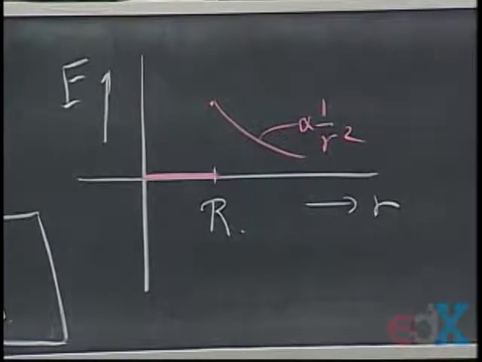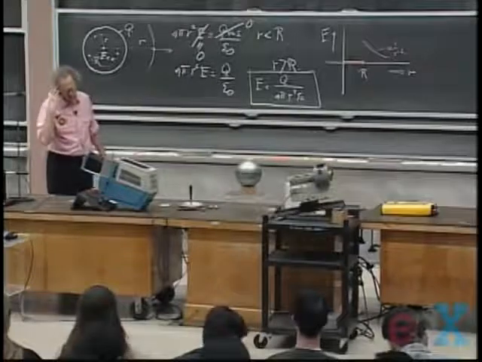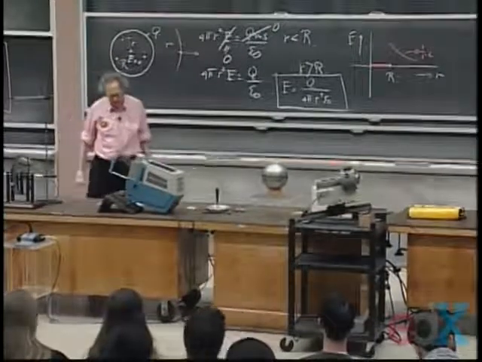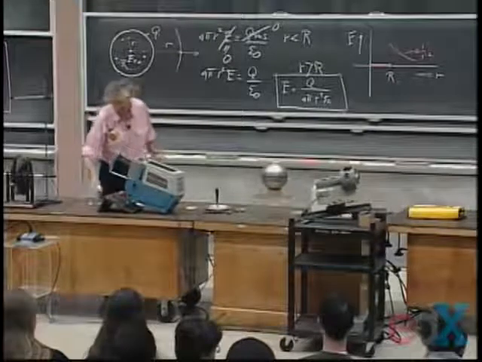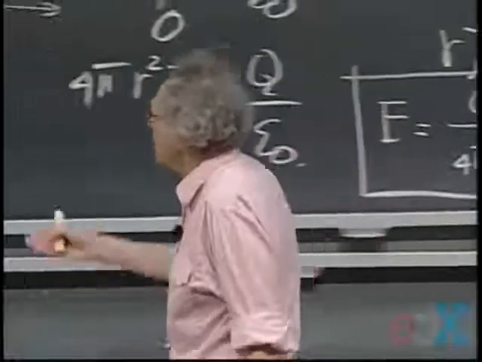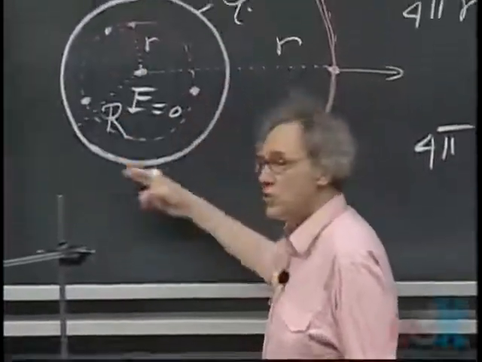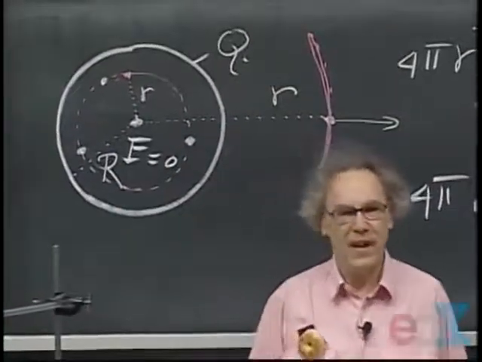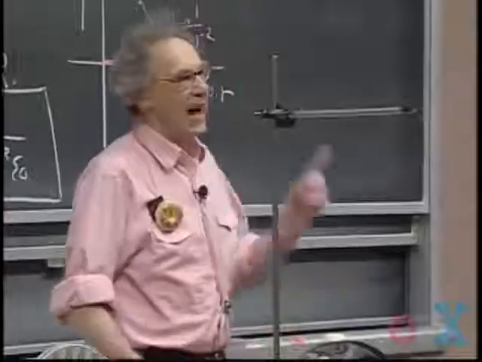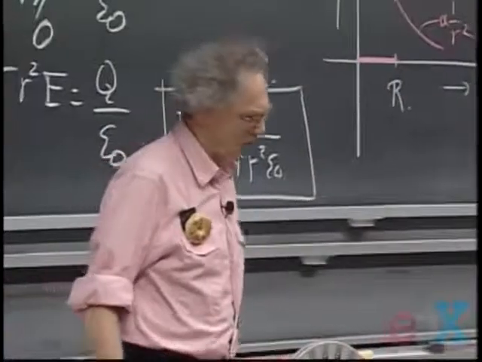If I go back to the situation that the electric field inside is 0, you may say, isn't that a little bit of a cheat? Because, yeah, there is no charge inside, but have you really used the charge outside? And if you have used it, how did you use it? Well, I have used it. I use it through my symmetry arguments.